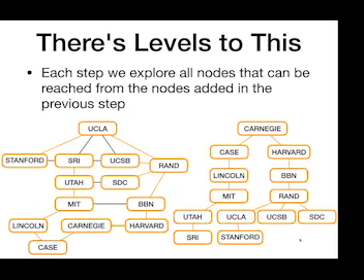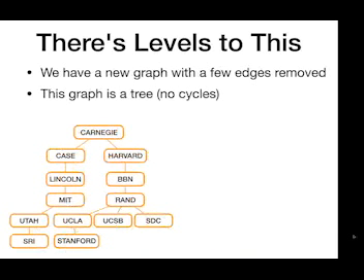All right, so now that we have this new graph, let's see what we actually built here. What did we do here when we built this new graph in such a way? Now, we noticed the only thing we did from the original graph to this graph was remove a few edges. There were a lot of edges that we ignored because that node was already explored. And when we build a graph in this way, we actually end up with a tree.